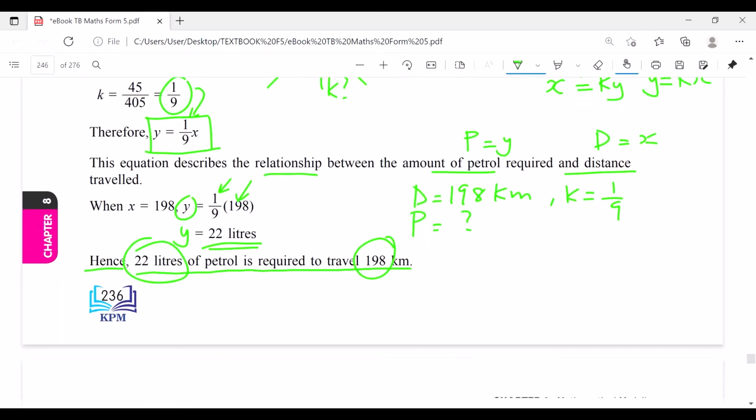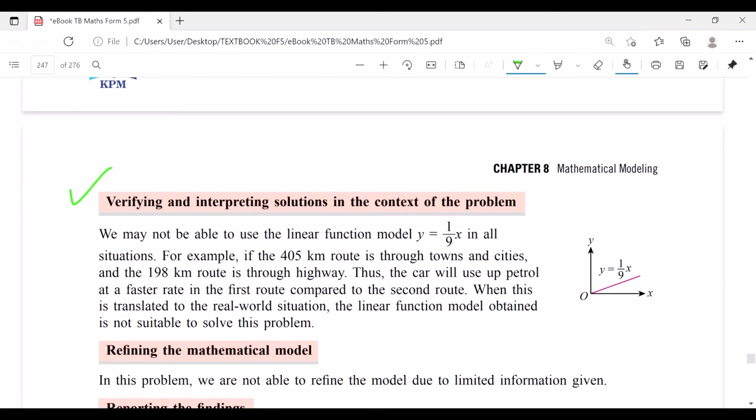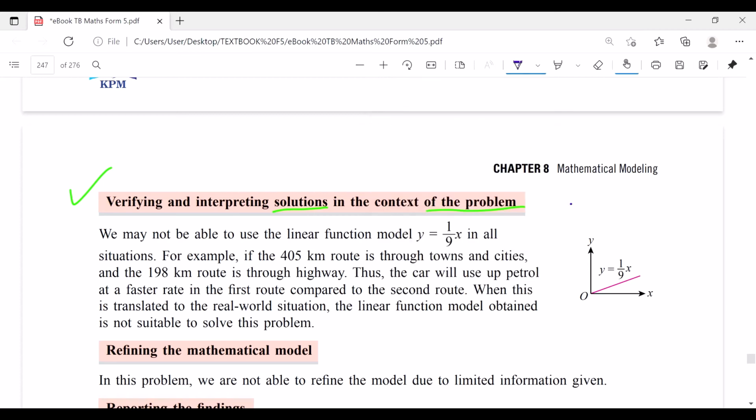Okay, then you want to verify, interpreting the solution in the context of the problem. Why may we not be able to use the linear function model? Because in the real world, the 405-kilometer route is through towns and cities.